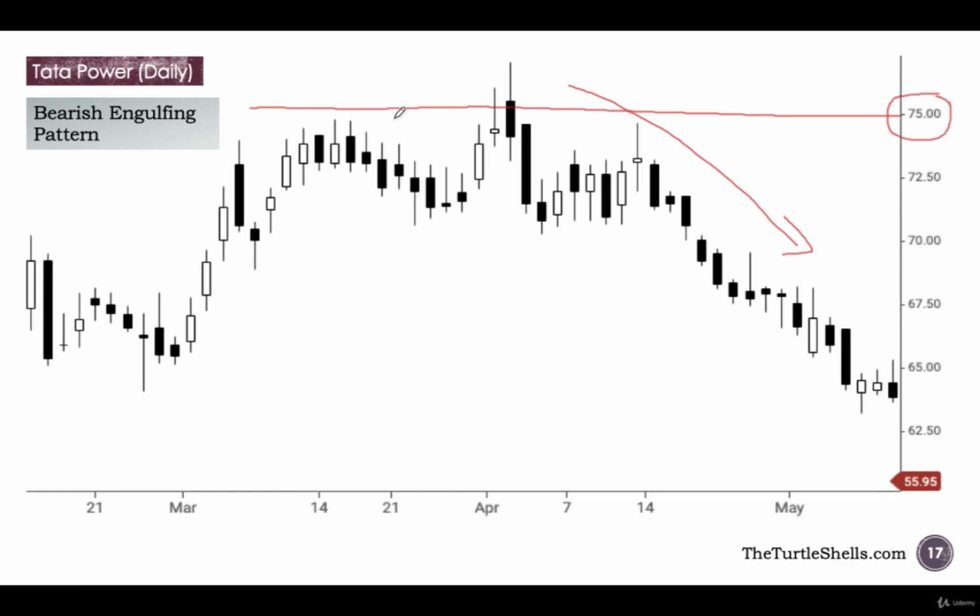Maybe 25, 50, 75. These are the turning points on this stock. It depends on where the candlestick patterns are appearing. This might easily have been 71 or 72, whatever. But the fact that it is coming exactly at 75 gives us a small hint that this resistance might hold.